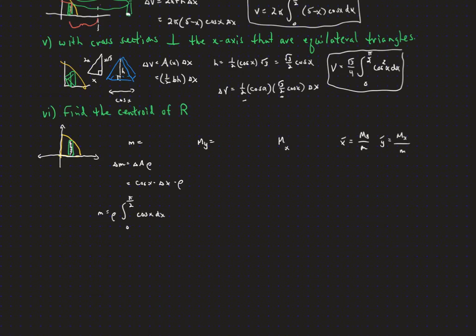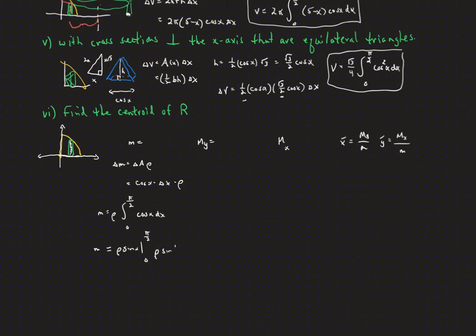I think we'll just use our calculator here. We can do this one, but I don't want to get buried in these integrals. So the integral of cosine is sine x, and we're going from 0 to pi over 2, so that's pretty nice.